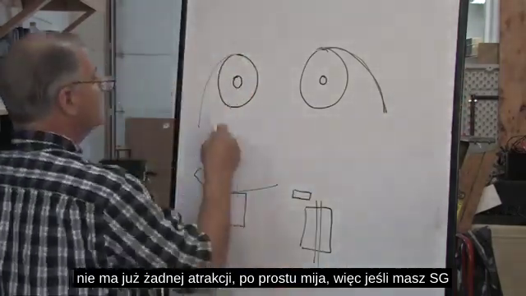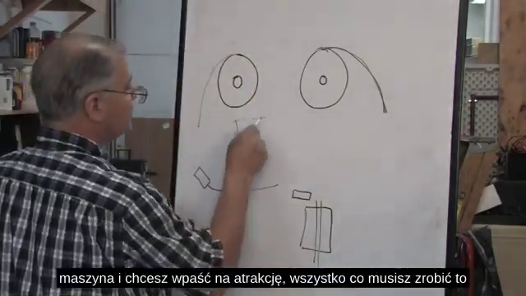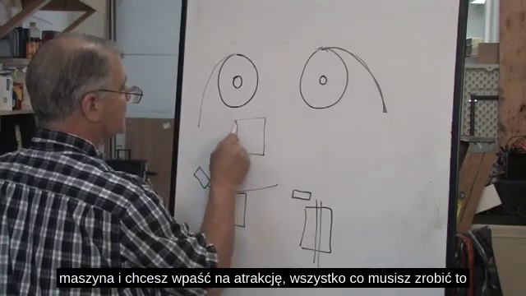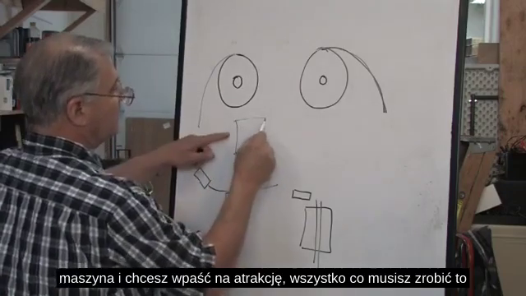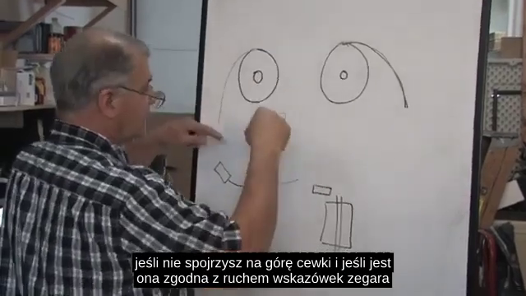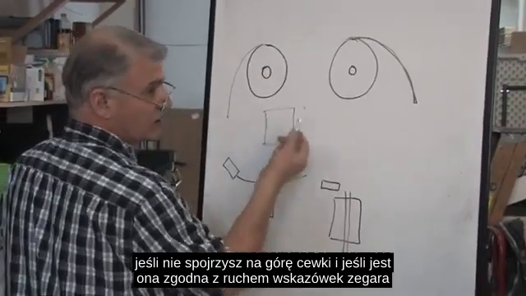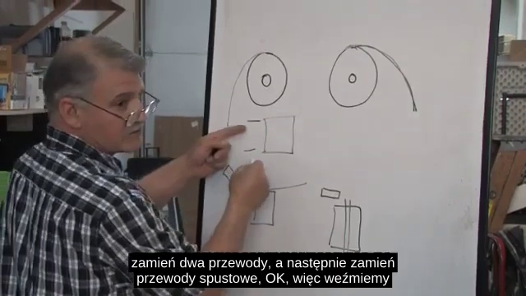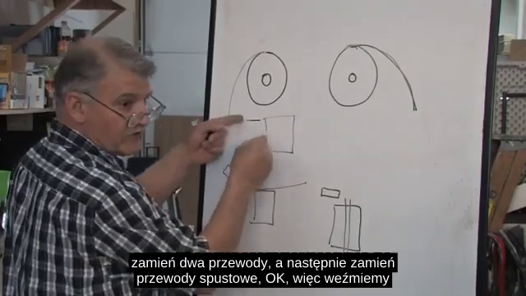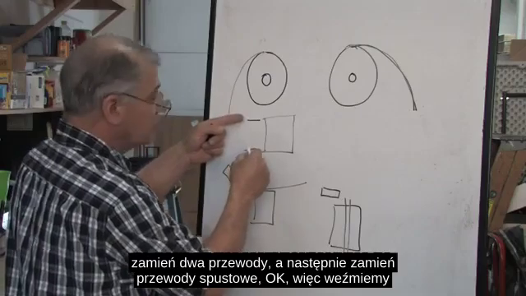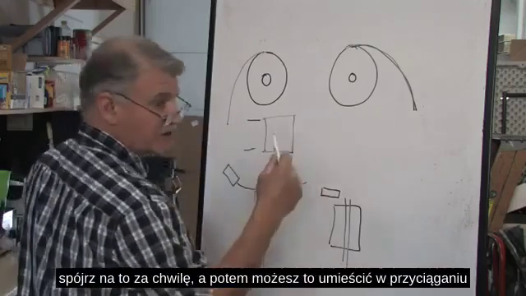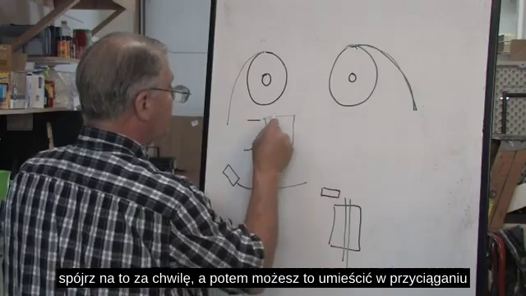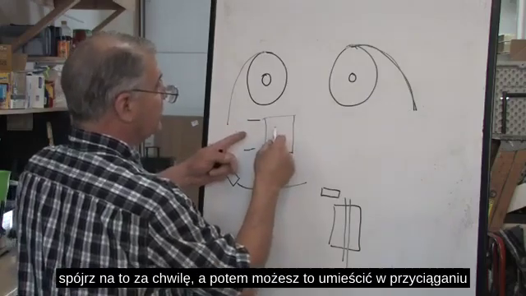So if you have an SG machine and you want to run it in attraction, all you have to do is look at the top of the coil, and if it's wound clockwise, just reverse the two wires and then reverse the trigger wires. We'll take a look at that in a second. And then you can put it into attraction.